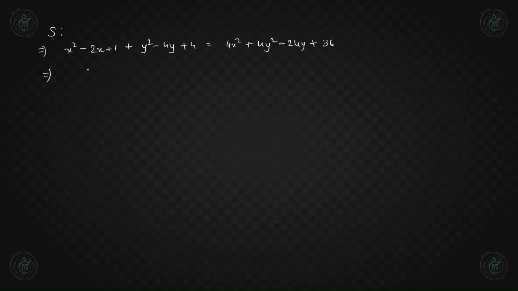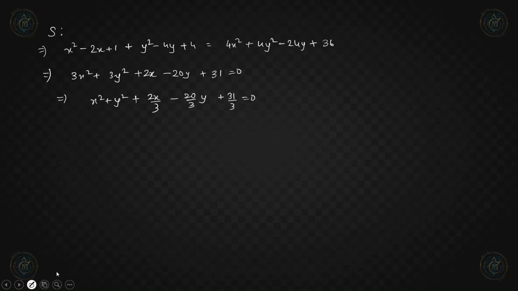That means we can write this as 3x square plus 3y square plus 2x minus 20y plus 31 equal to 0. That means we have x square plus y square plus 2x by 3 minus 20 by 3 y plus 31 by 3 equal to 0. This is our equation of the circle S.